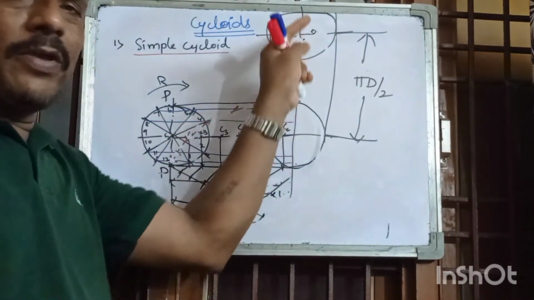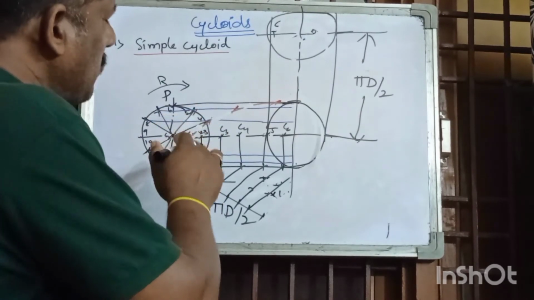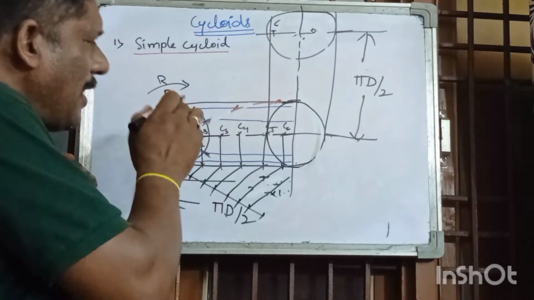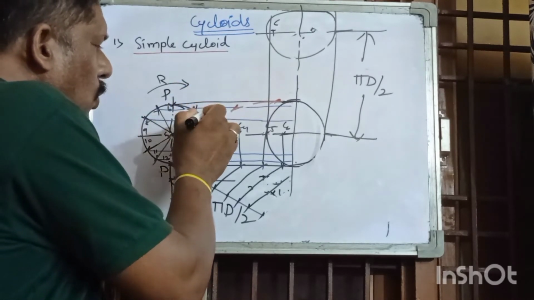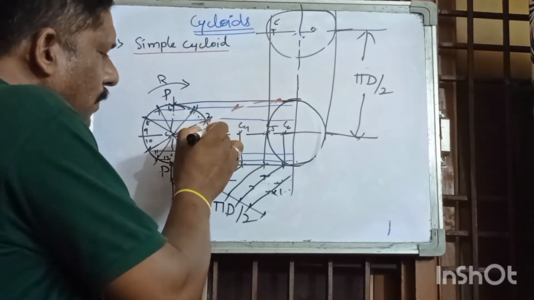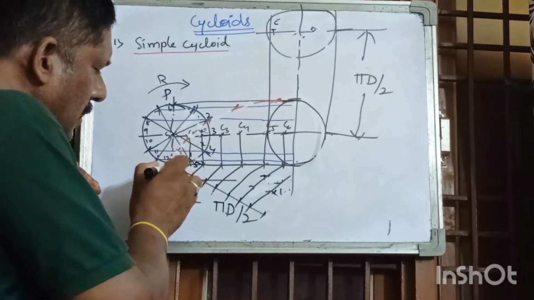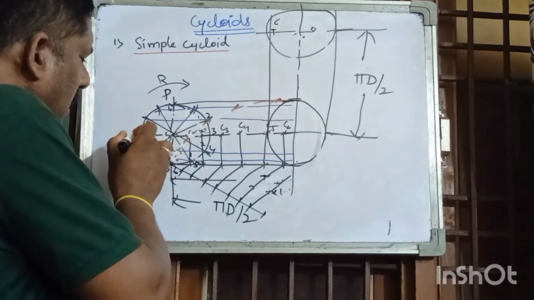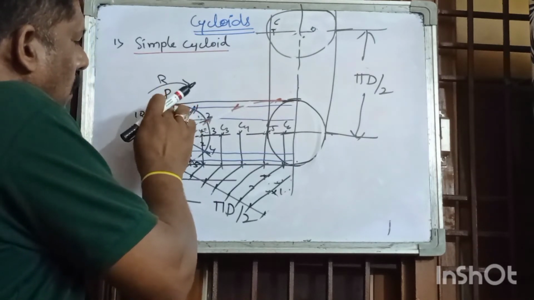So similar figure. Here, for the curve, give the numbering in the clockwise direction. From this point, suppose this is 1, this is 2, 3, 4, 5, 6, 7, 8, 9, 10, 11, and this point is 12.